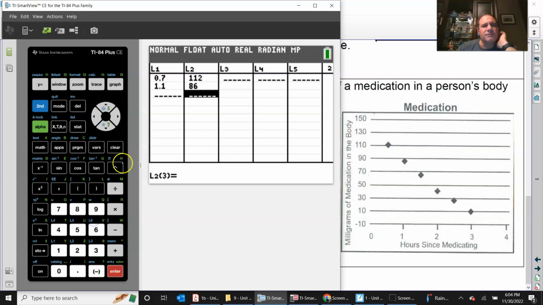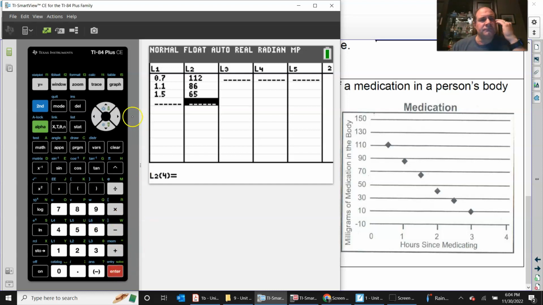Like I said, your numbers might differ from mine. This is definitely 1.5. And this is really close to 70, but right in the middle is 60, so right in the middle of that is 65. So 1.5, 65.